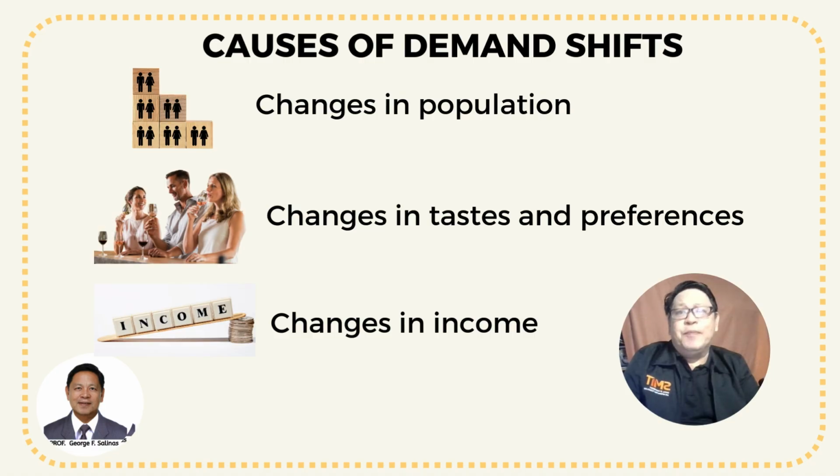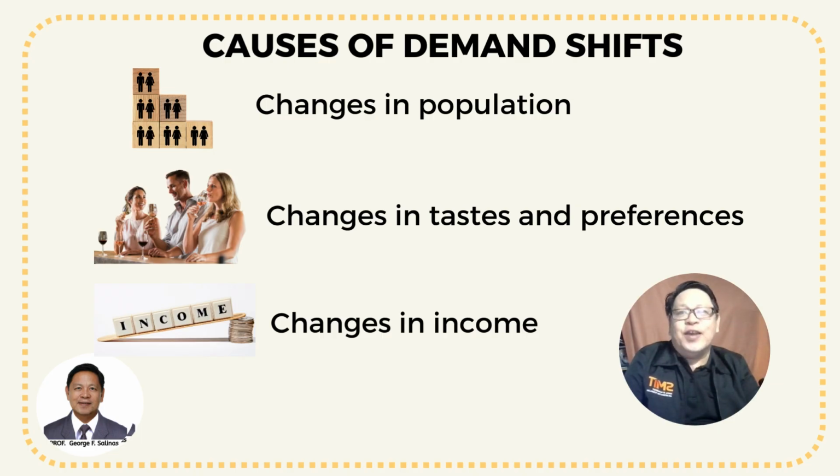Demand shifts happen when consumers change their willingness or their ability to buy, even if the price does not change. And the primary factors that cause a shift in the entire demand curve, also known as the determinants of demand, are the following. First, the changes in population: changes in the number of consumers in the market or its demographic composition.